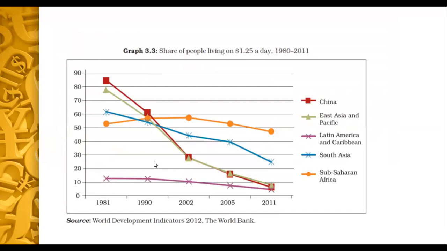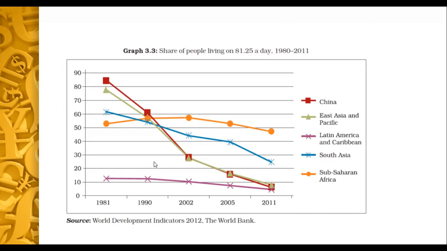Looking at the global poverty scenario, the proportion of people in developing countries living in extreme economic poverty has fallen from 43% to 22%. That is, in 1990 it was 43%, and in 2008 it was 22%. Although there has been a substantial reduction in global poverty, it is marked with great regional differences.